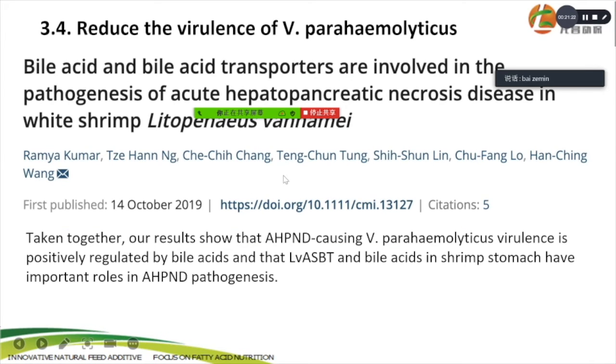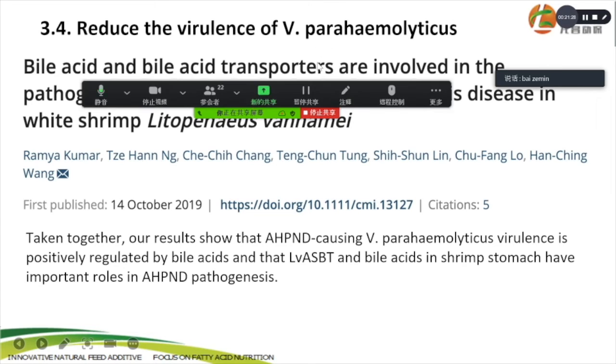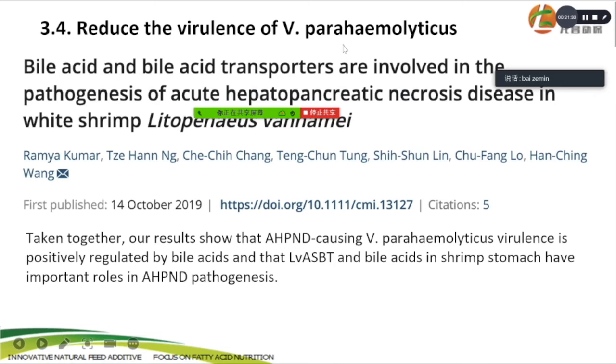Also some researchers found bile acid can reduce the virulence of Vibrio parahaemolyticus. This is very common in seawater culture. Usually it will cause AHPND, which is acute hepatopancreatic necrosis disease, especially for vannamei.